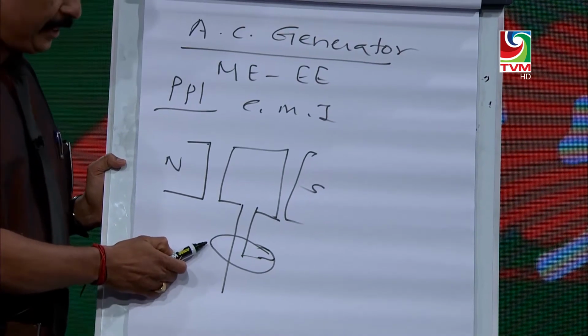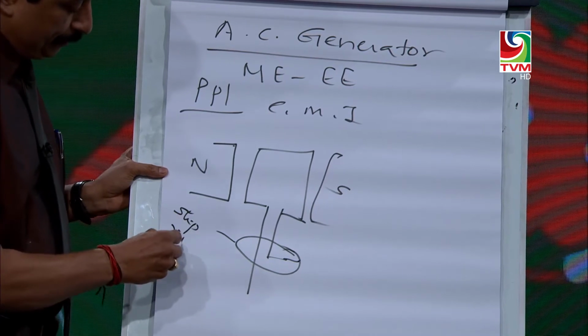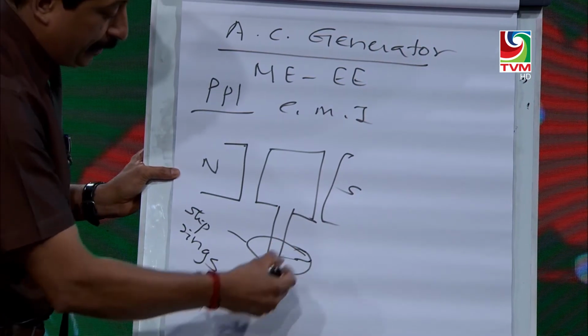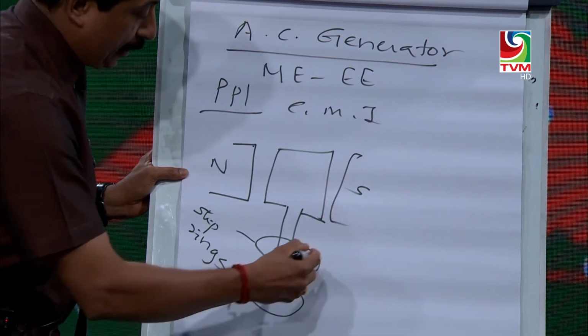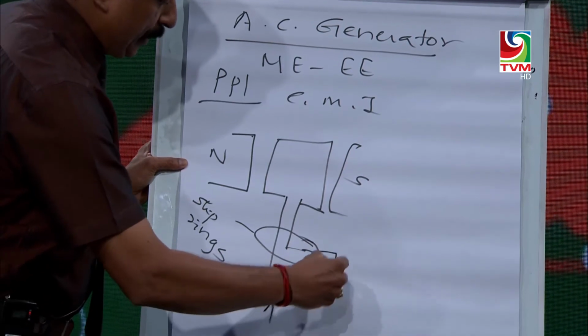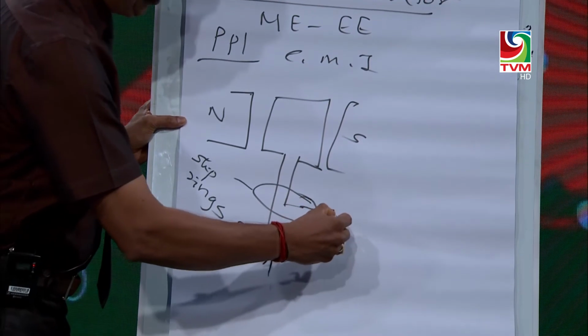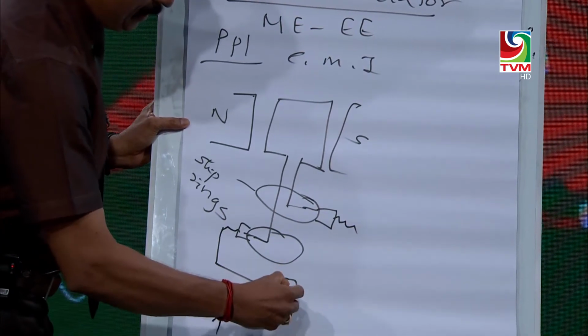In the case of a generator, it is slip rings. There are two carbon brushes which are pressed lightly on the slip rings by using two springs. The coil is connected to a lamp like this. A lamp is there.